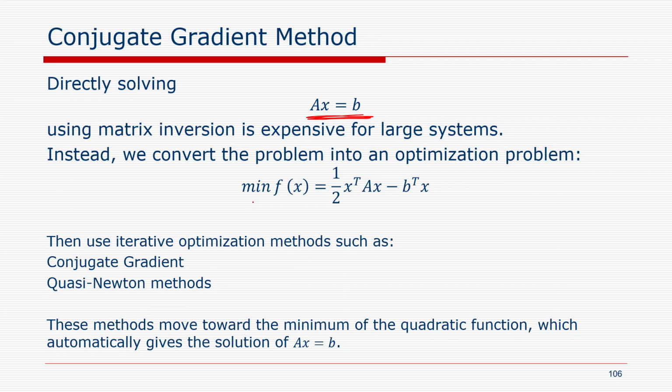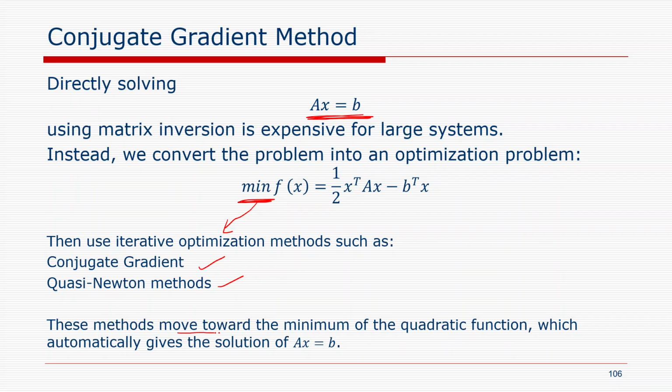But we will go in the other way around, where we will minimize this function, that is, minimum of f of x is 1 by 2 x transpose a x, minus b transpose x actually. And now to minimize this one, we will be using the optimization methods like conjugate gradient descent methods or quasi-Newton methods, because I have to find the minimum of this particular function.